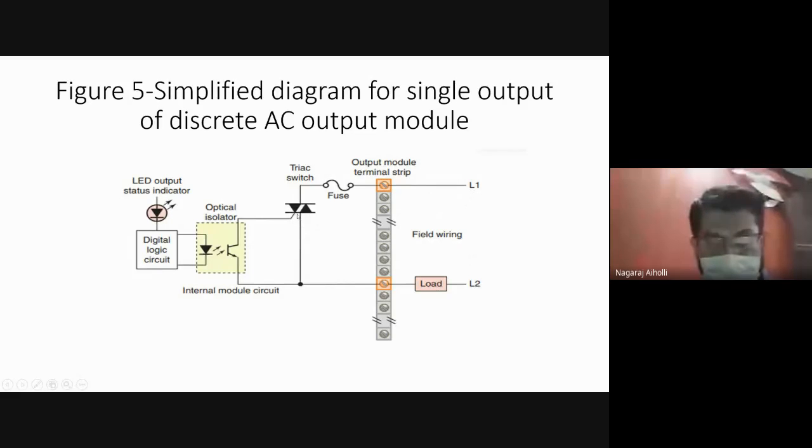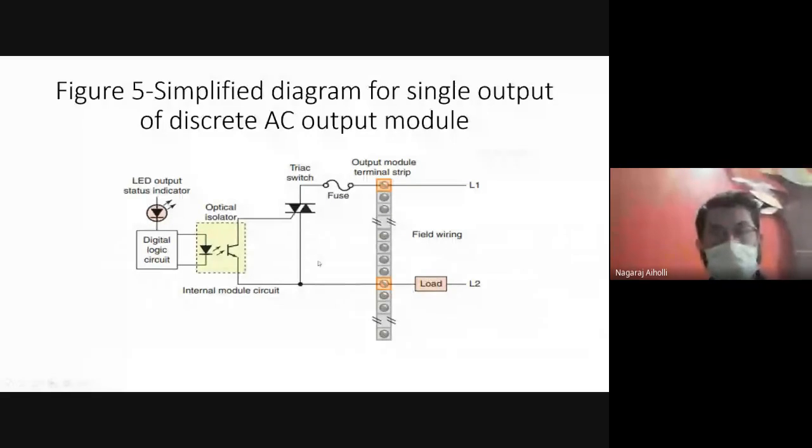If this gate terminal is not operated, then there is no question of L1 coming through the fuse, flowing through the switch and turning on the load. It happens only when the gate terminal is operated.